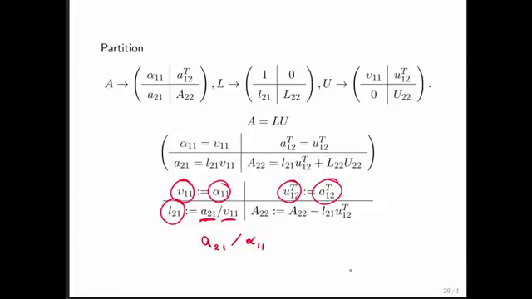If we want to overwrite A with the result, we set A21 equal to that, so all we're doing is scaling by the inverse of alpha 11. Then we update A22 by doing this rank 1 update, and then we proceed and compute the LU factorization of that updated matrix A22.